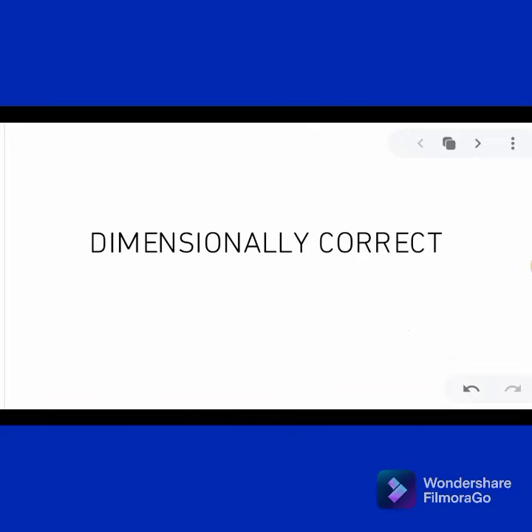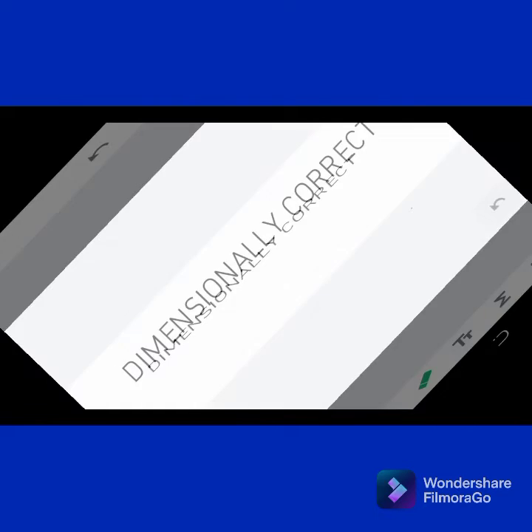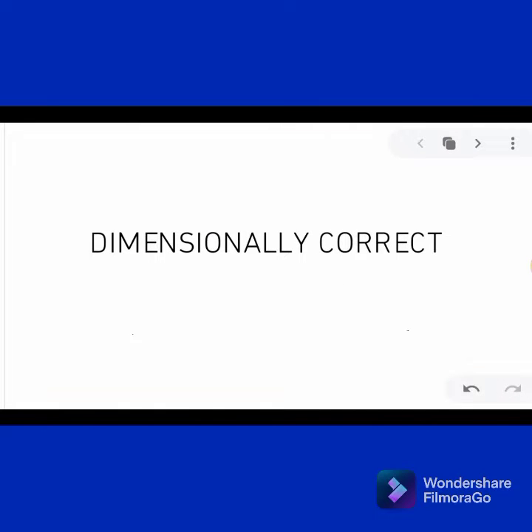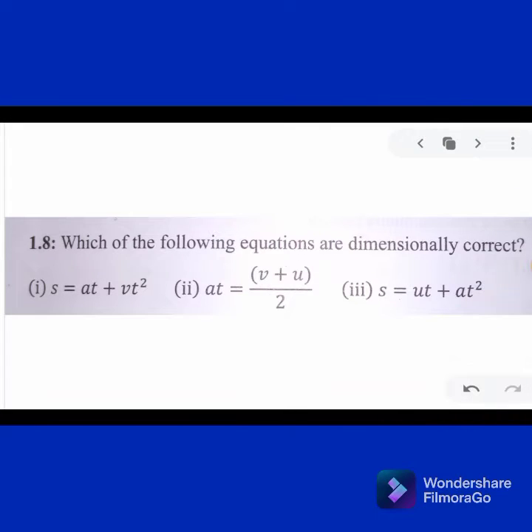I'm going to be able to explain it better if I use a question. I have a question right here, and it has 3 parts in it, so we can easily understand it. Which of the following equations are dimensionally correct? The first one is S equals AT plus BT squared.